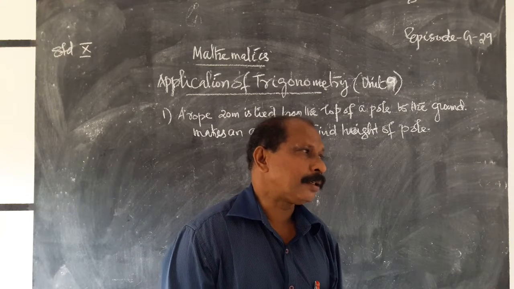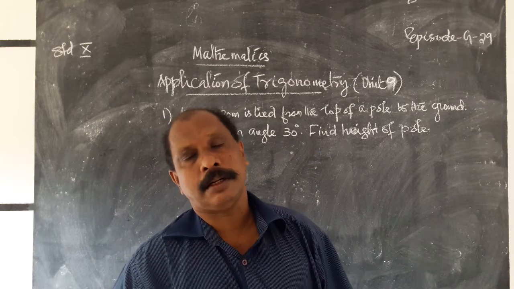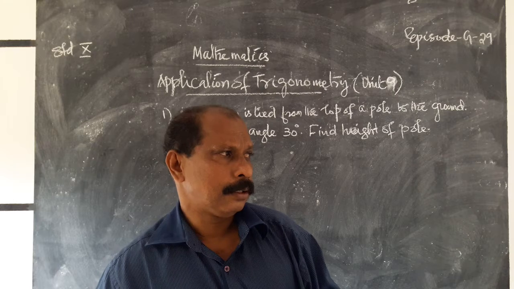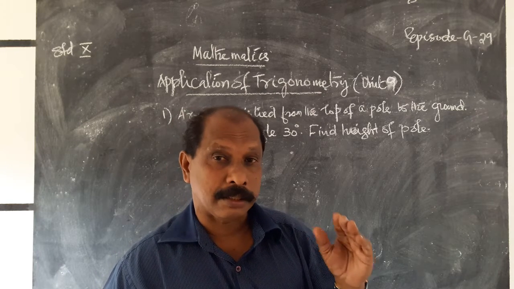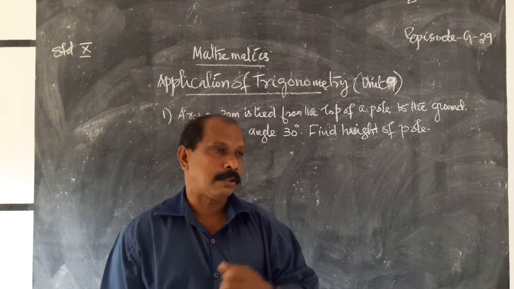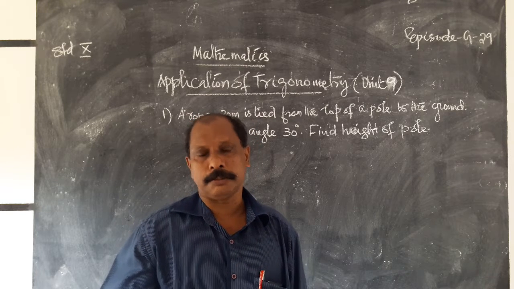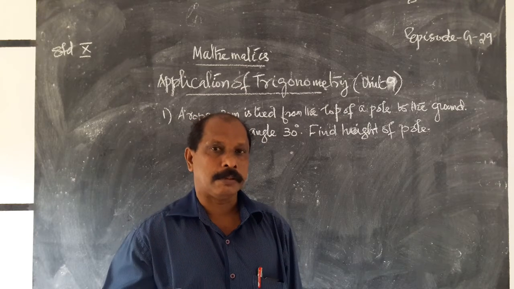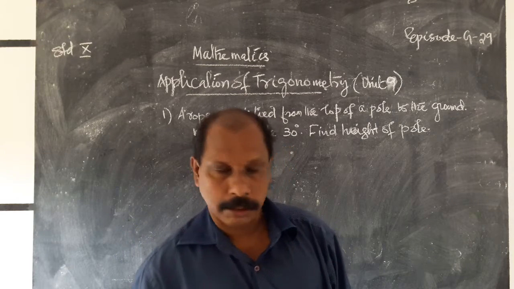That means using the trigonometry results, sin theta, cos theta, tan theta, the basic results, or cosecant, cot, we can find out the height of any pole or any object and also distance. In this chapter we discuss the height and distance of objects.